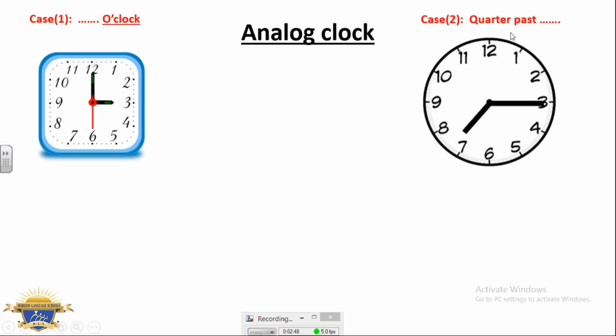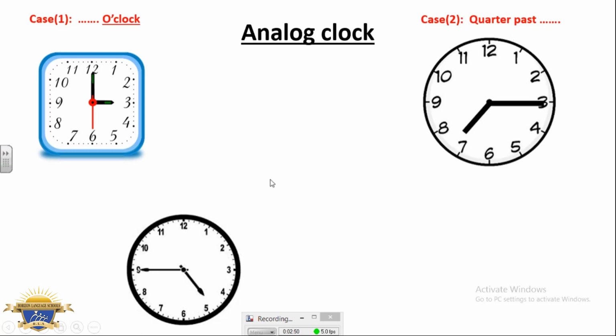Case number 3, when the minute hand is on number 9, it's quarter to. Quarter to is when the minute hand is on number 9. Quarter past is when the minute hand is on number 3.